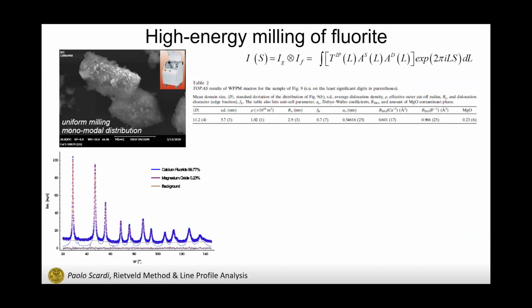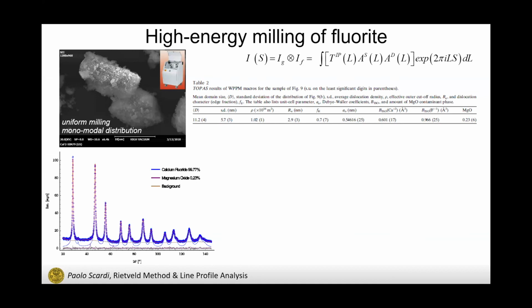Other parameters like the fraction of edge versus screw, which type of dislocation is present, the unit cell parameter, and also, if you like the detail, the Debye-Waller coefficients, which, as with many nanocrystalline materials, are bigger than the bulk value. This is the subject of my recent work. I am not going to talk about that. Again, if you are interested in the effect on nanosizes, say, on the Debye-Waller parameter and coefficient, you can ask.